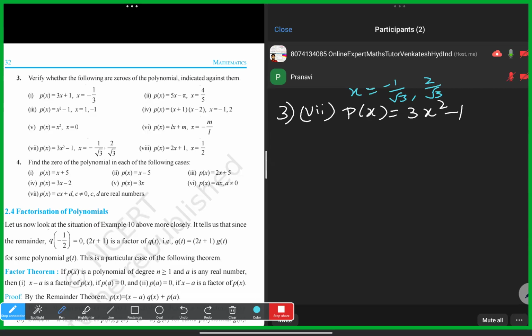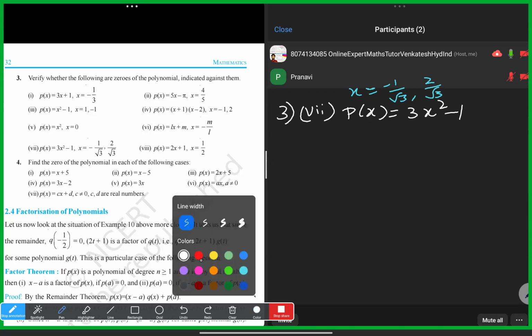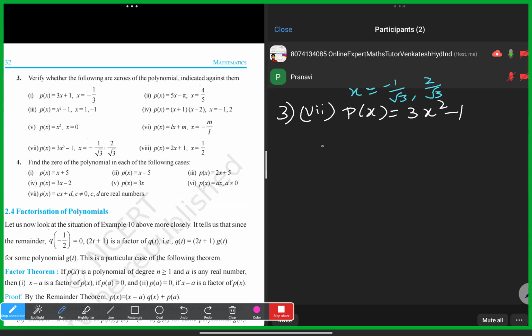Now what I'm doing is, first time substituting p of minus 1 by root 3, so 3 into minus 1 by root 3 whole square minus 1.